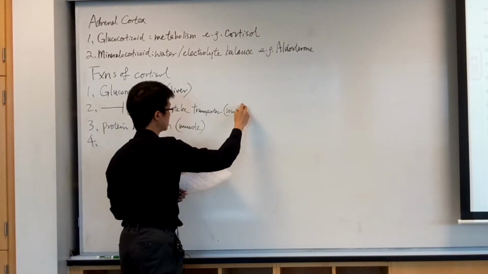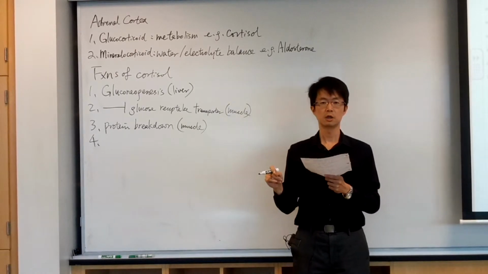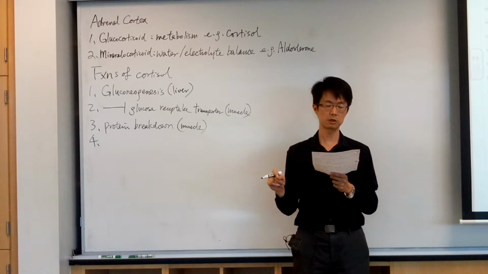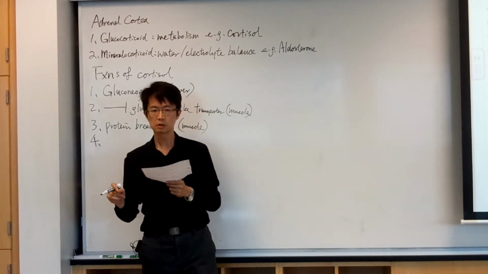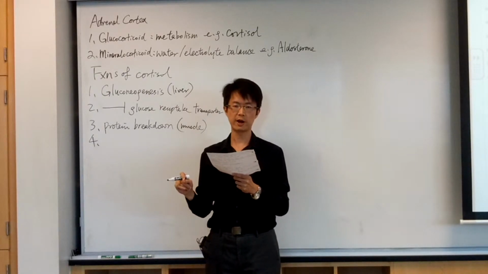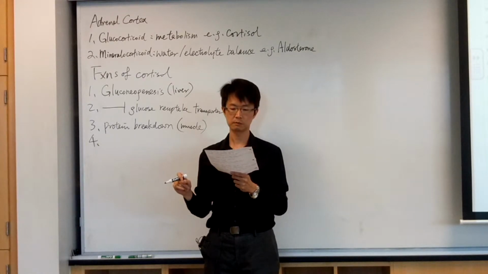And last but not least, as you remember, one of the three pathways of gluconeogenesis is from glycerol. Glycerol can be converted into glucose by gluconeogenesis occurring in the liver. So in order to get more glycerol, we need to break down fat or lipid from the adipose tissue.